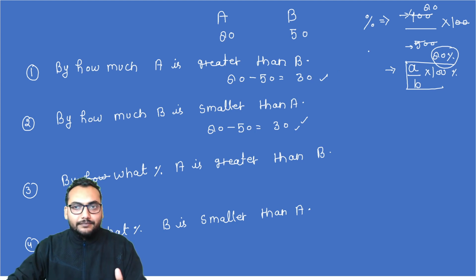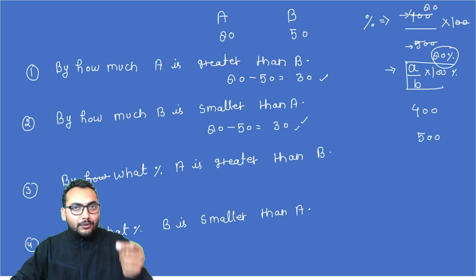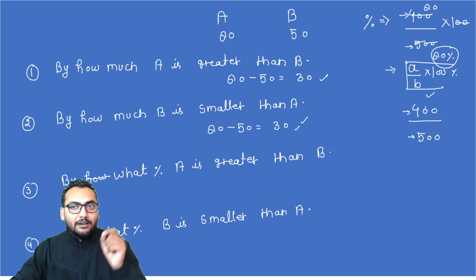So here we just want to find out what is 400 of 500. That means I just want to compare this 400 with 500. So that is why I have written 400 in the numerator, because this is the value that I want to compare and this is the value with which I want to compare this numerator. Now I will just multiply it by 100.